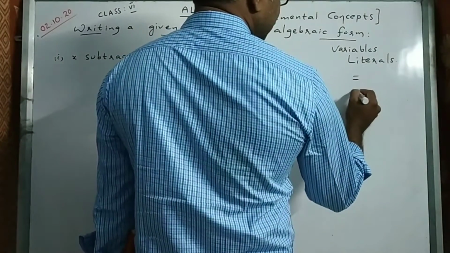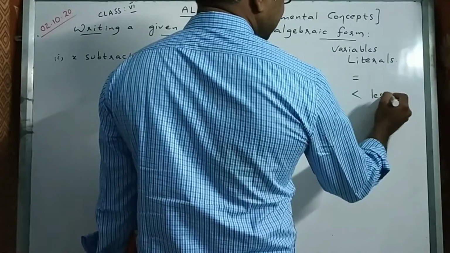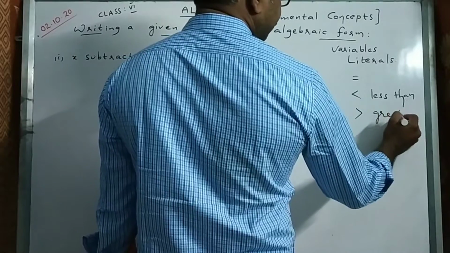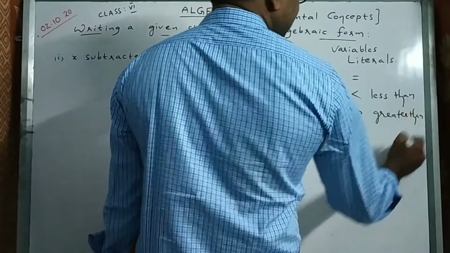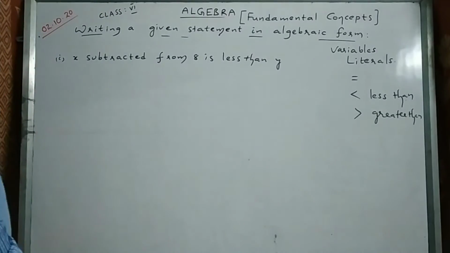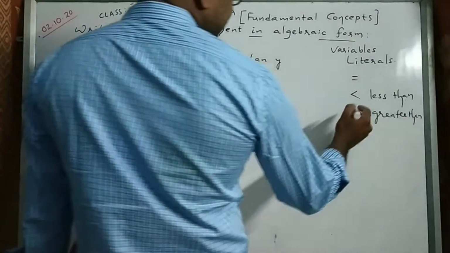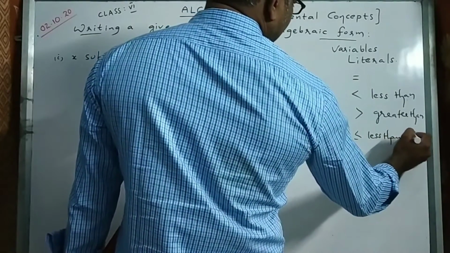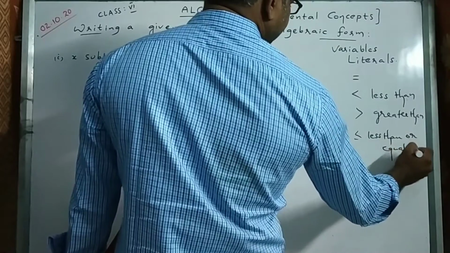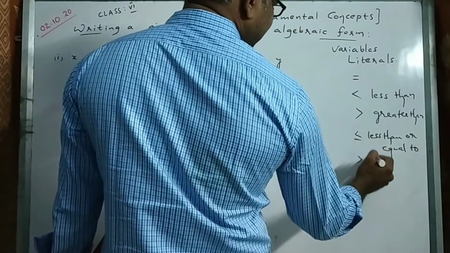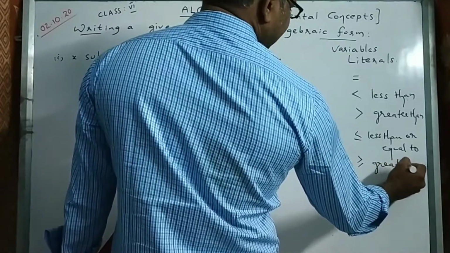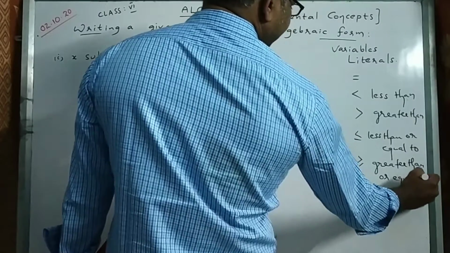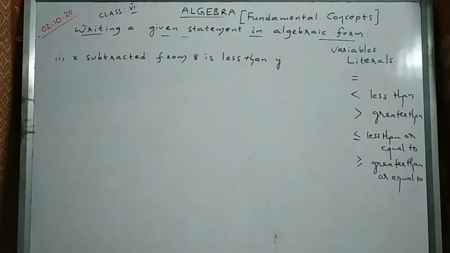Is equal to, less than, greater than. Suppose if they keep here less than or equal to, or greater than or equal to. Okay, so we use these symbols in algebra particularly.